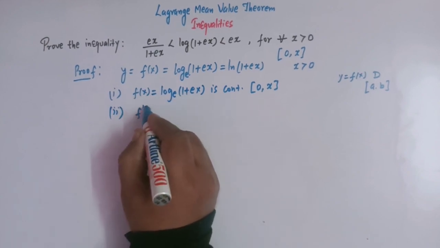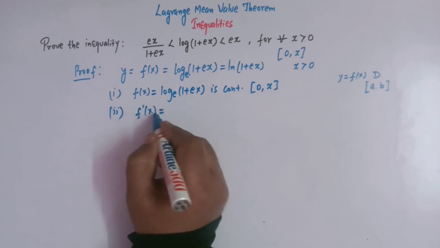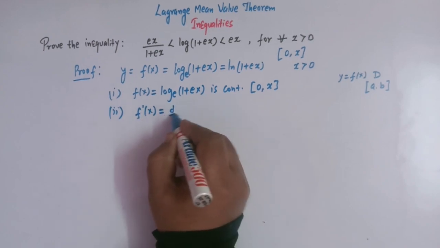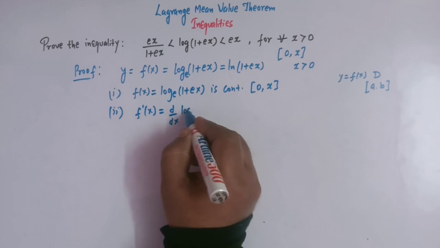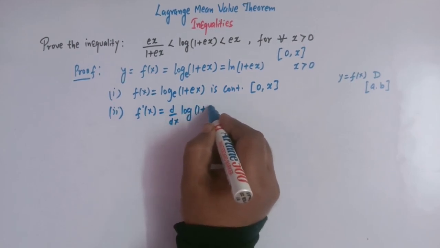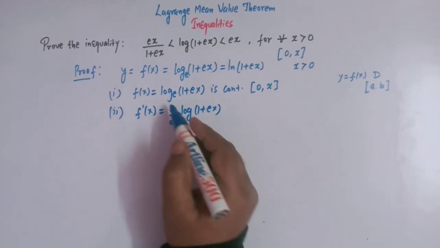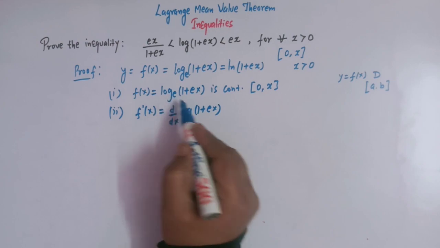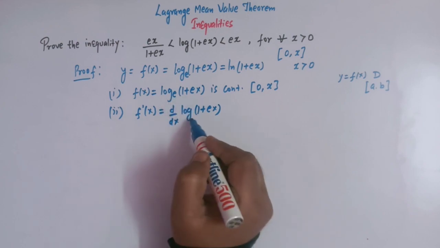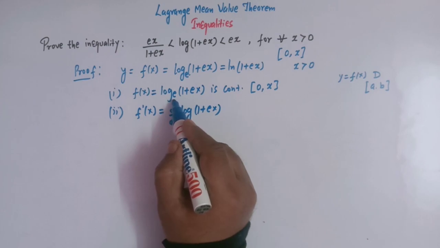So the derivative of f of x is f prime of x, which is d by dx of log of 1 plus ex, right? So here we are not writing the base, because it is understood that the base of the logarithm is e, right?